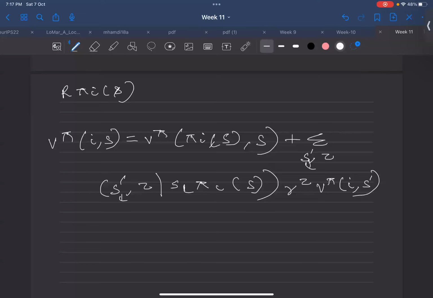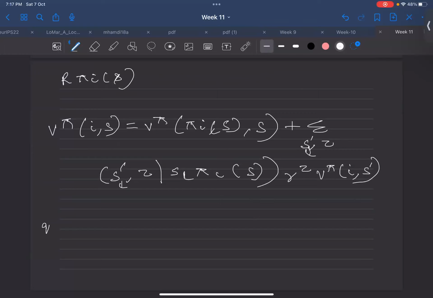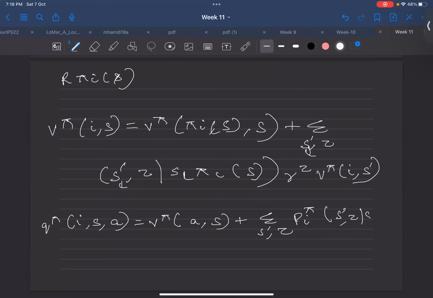Now coming to the other equation, I'll write more clearly; I think I'm making a mess here. Now, what is this? What is first Q pi? What is the whole thing?